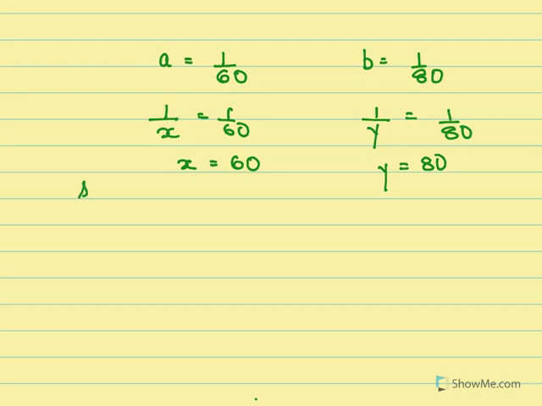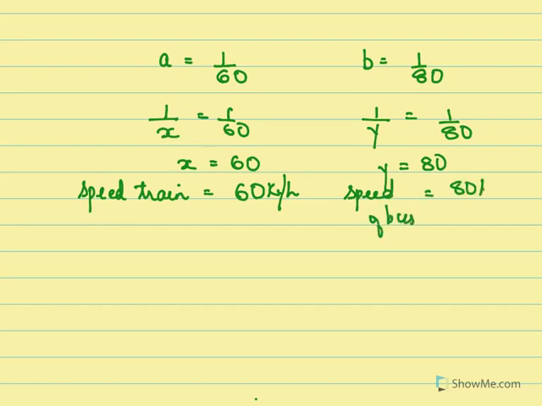So x was the speed of the train. Speed of the train is 60 km per hour, and the speed of the bus is 80 km per hour.